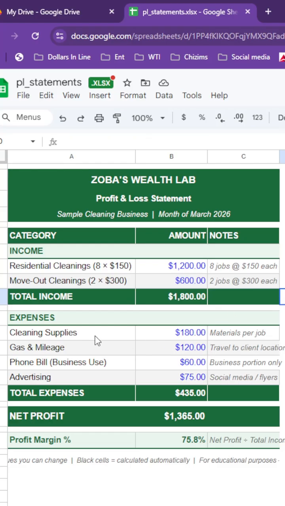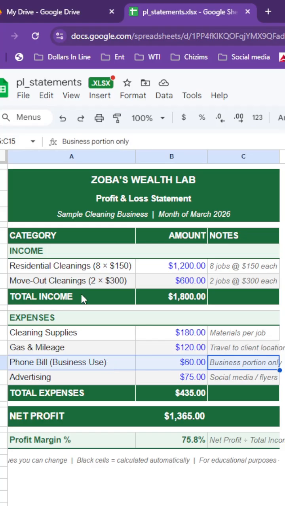And then this gives you where money went. Cleaning supplies were bought, gas and mileage for traveling to client locations. Well, this person, our cleaning business owner, uses their phone for both business and personal purposes. This is the business portion. Let's say they use it 50% of the time for business, 50% of the time for personal. So whatever the phone bill is, a phone bill of $120 a month, $60 is the business portion.